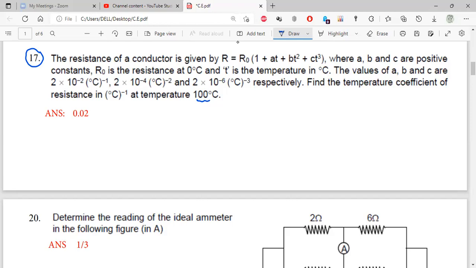First, differentiate dR by dT with respect to temperature. First copy the question, because it is not there on the whiteboard and later you won't find this question.